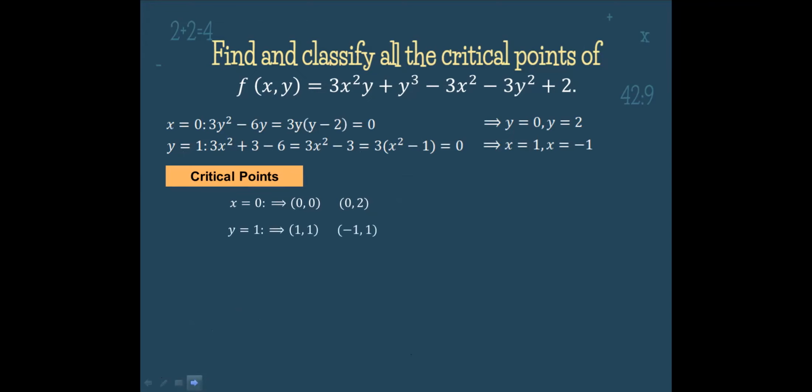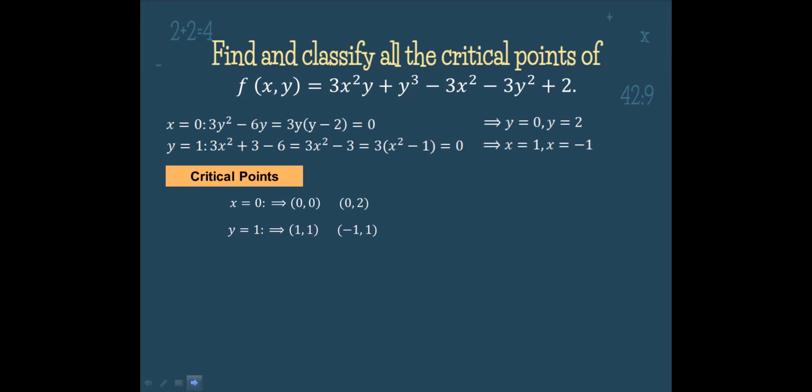And then for y equal to 1, we can have the critical points (1, 1) as well as (-1, 1). So it is quite different from the first example, since we have four critical points. Previously, we only had two. So now we need to classify these critical points.